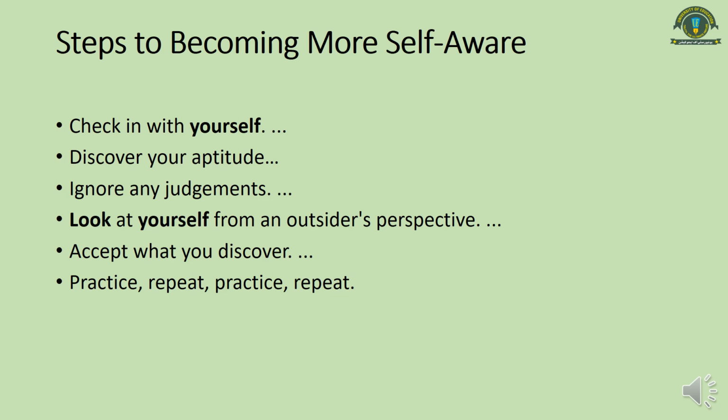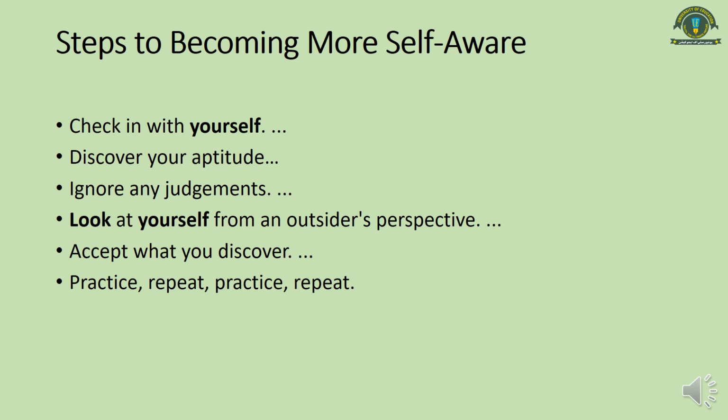Then discover your aptitude. In whatever parameters we want to get self-awareness, we should discover our aptitude first of all. For example, at the time of admission, so many students take admission in some particular program without knowing their aptitude, and they become failures. So, in order to choose our aim in study or in profession both, we should follow our aptitude.